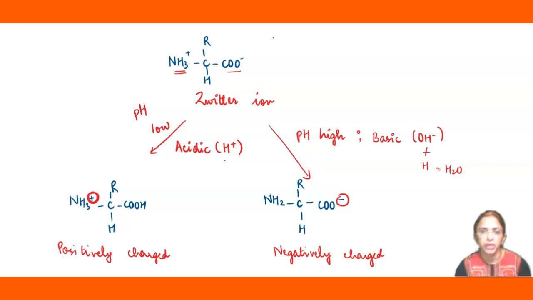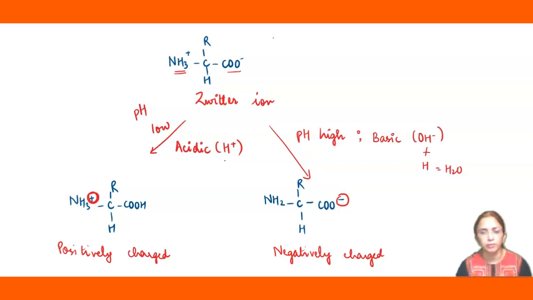This is very important. So once again, let's recapitulate. Amino acids in our body in the aqueous medium show the presence of two ions, and that is known as a dipolar ion or a neutral ion or Zwitter ion. If the condition is acidic, means the pH is low, means the H ion concentration is high, in that case the H ion will unite with the COO minus to form COOH.